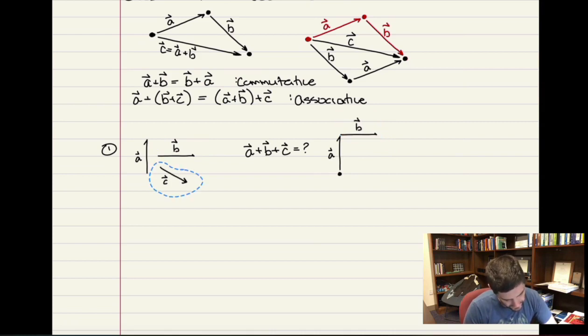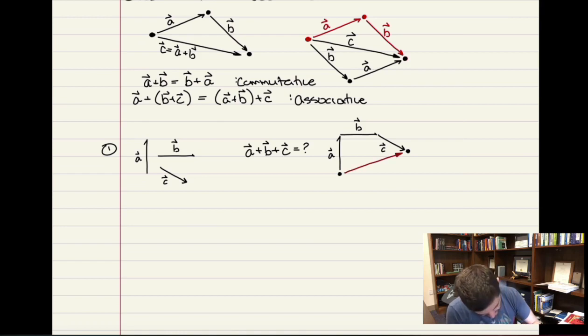And then once I get to the end of B, I walk in the direction of C for some length. And I end up right here. So a line that connects these two, I might call this D, which is equal to A plus B plus C.